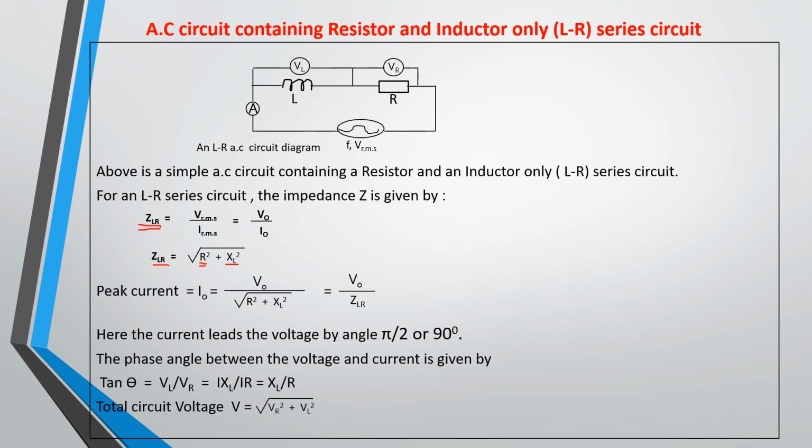Then the peak current is equal to the peak voltage over the impedance. This is the peak voltage, and this is the impedance of this particular series circuit.